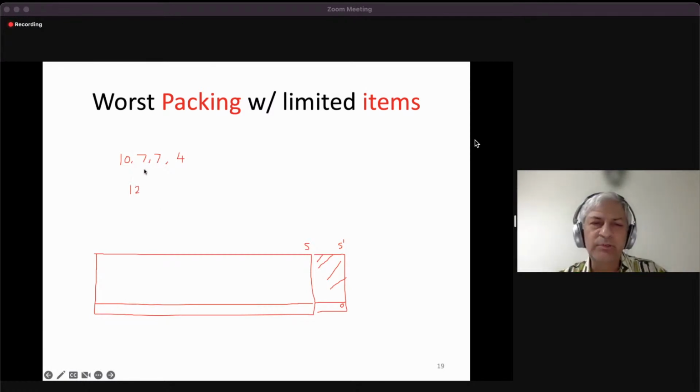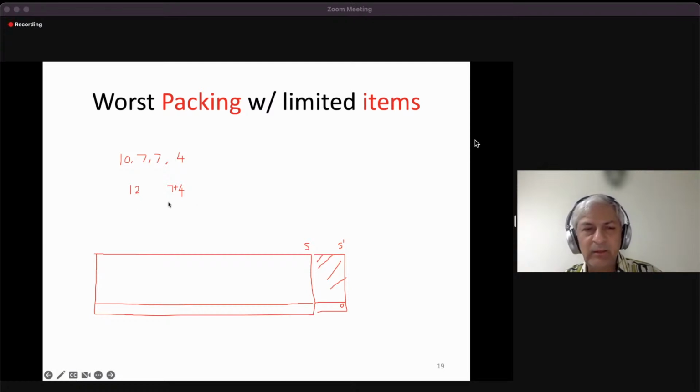It looks like the best I can do is 7 plus 4, right? That's the closest I can come. The amount of wastage would be 1. Is that clear? Because 10 plus 4 becomes 14, 10 plus 7 becomes 17, 7 plus 7 becomes 14, so 7 plus 4 is the only other possibility.